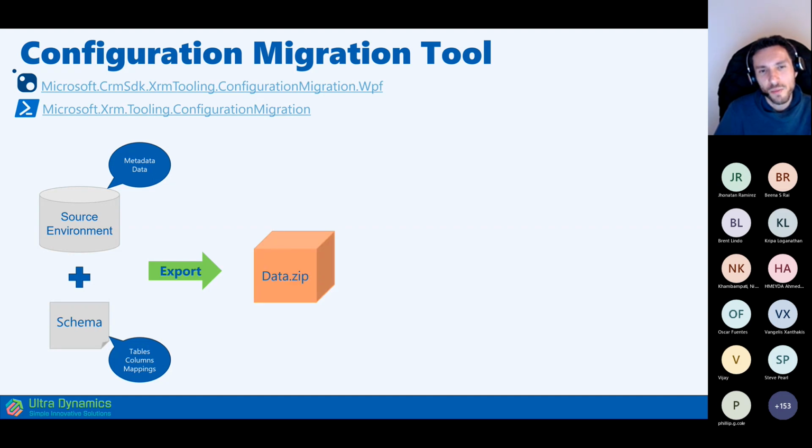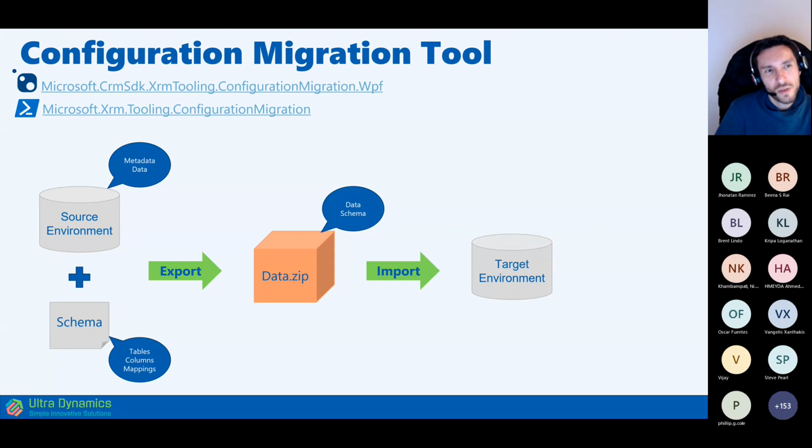What you get from that is a zip file, which is all the data that you are interested in. The tool then allows you to import that data to another environment. So you start with your source environment, you create a schema, you export, and then you put that export somewhere safe, and you have the option to import that into more than one environment downstream as well.